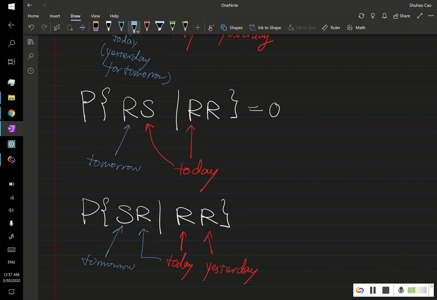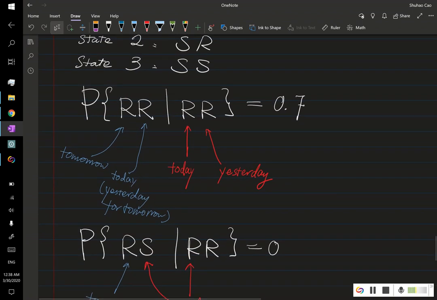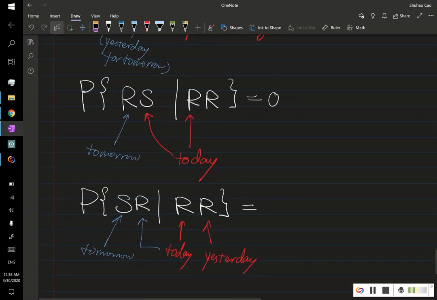Given it is raining for 2 days and tomorrow it's going to be sunshine, it's nothing but 1 minus the previous probability, which is 1 minus 0.7, and this is 0.3.